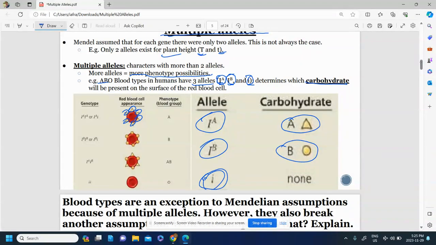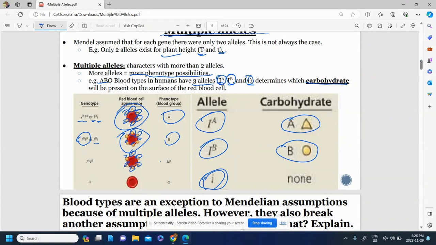You'll see over here that if you get IAIA or IAi, you get type A blood, triangles. So that means that IA is dominant to i. If you get IBIB or IBi, you get type B blood, the little circles on there. Again, meaning that IB is dominant to little i. If you get IAIB, you get both.